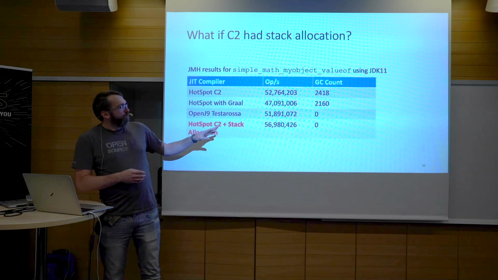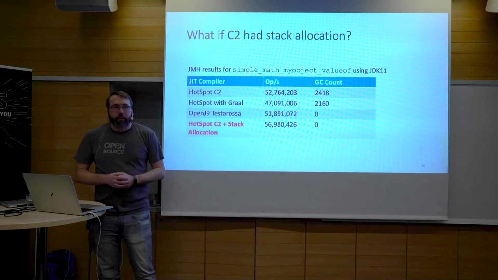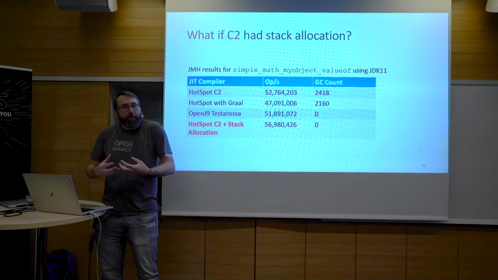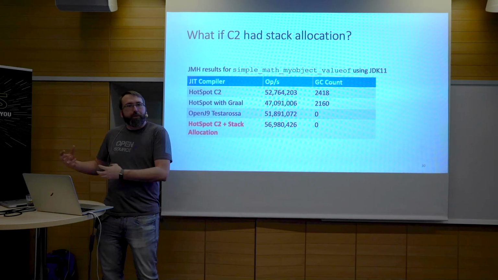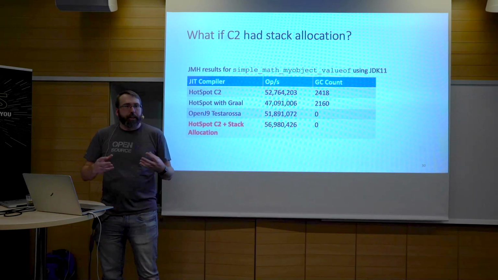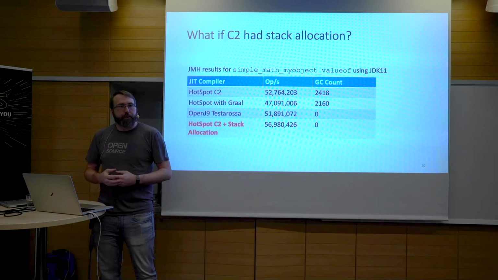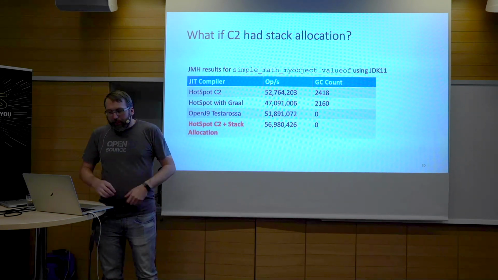And the relative performance win is okay. This one isn't really doing much. It's mostly math work happening. So how much can we improve the math? We've just stripped out some of the initialization, and some of the cache misses from going to the heap. But you also get the win from the GCs.